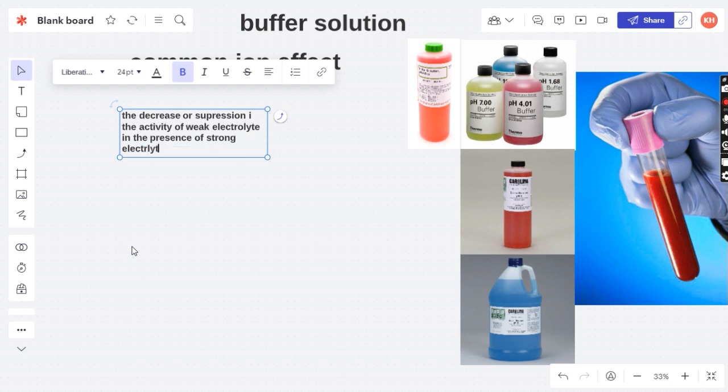Right, or one more definition that we can include here is the separation of electrolyte. So the decrease in the degree of the common ion effect, or a decrease in degree of common ion effect.